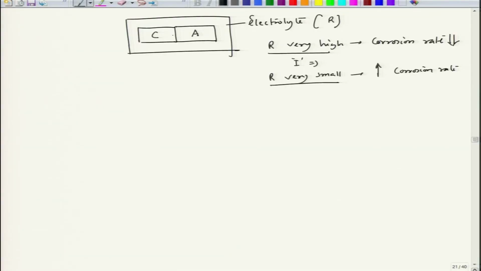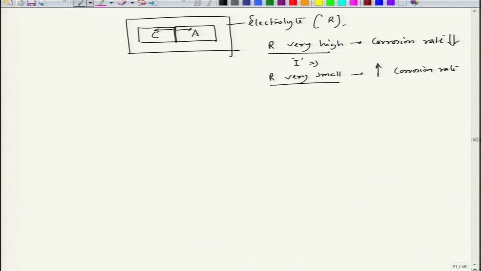Now, when we consider this situation, this is the galvanic contact. Now, as we go away from this, even if the electrolyte has got a low resistance because of that contamination or presence of ions.